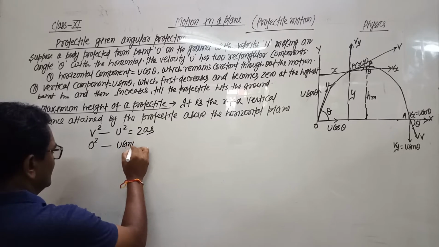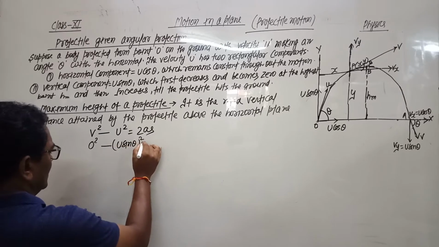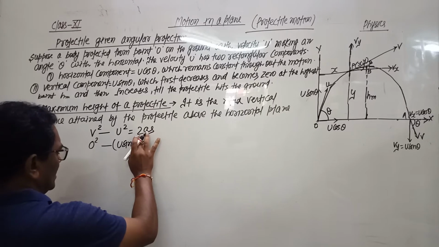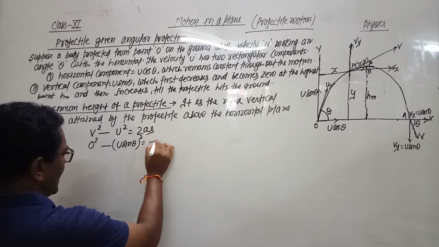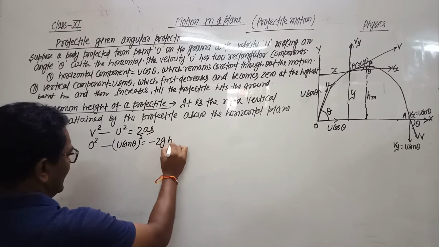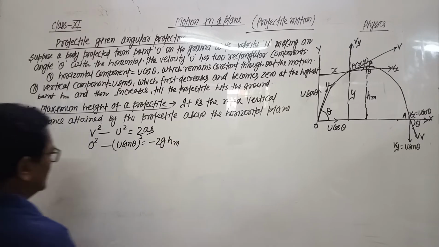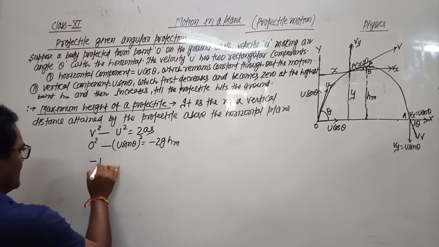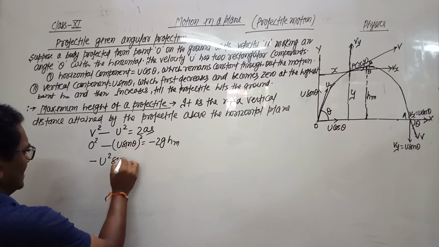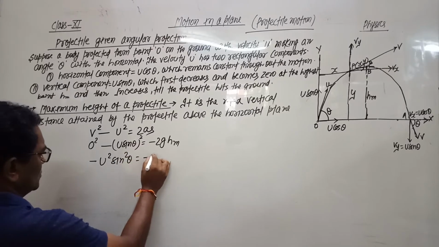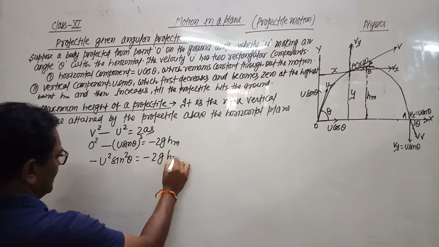So U sin theta the whole square equals, A is replaced by minus G and S is replaced by HM. So we get minus U square sin square theta equals minus 2GHM.